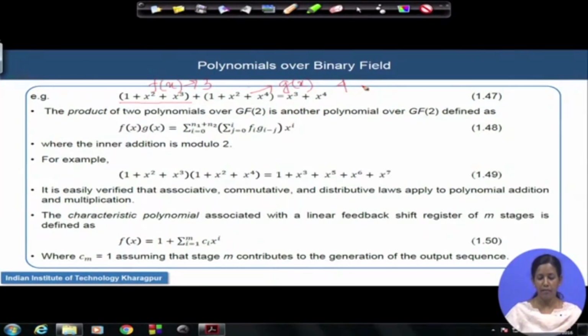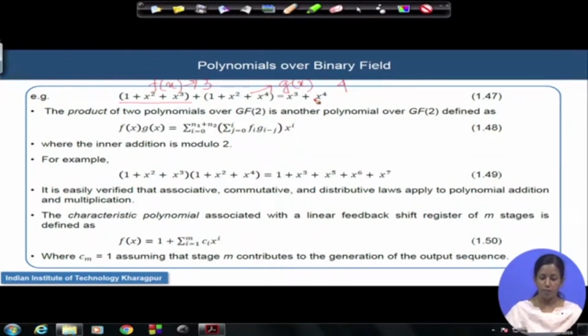If we add these two, as I described in the last slide, this addition is on a Galois field, so a modulo 2 operation is going on. Hence it is an XOR operation. 1 plus 1 will yield 0, x squared plus x squared will yield 0, and you will be left with the terms x cubed plus x to the power 4. Hence, the addition f(x) plus g(x) in this example will yield the result x cubed plus x to the power 4.